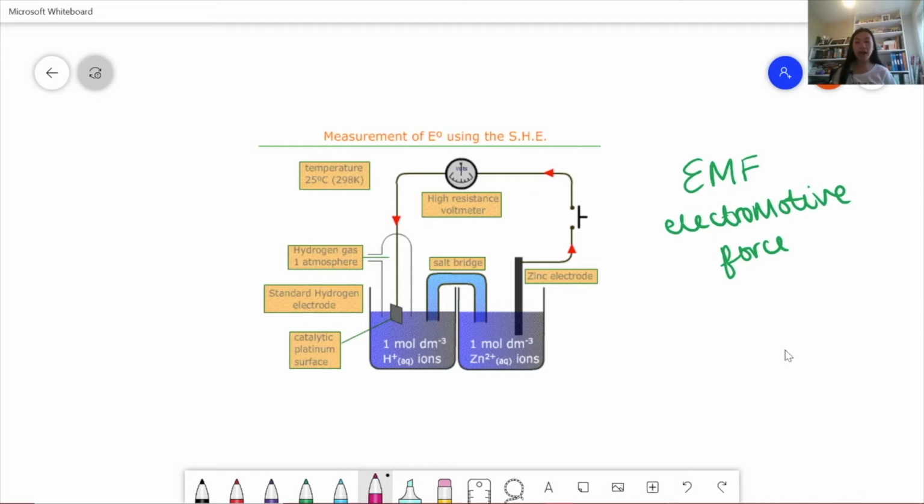And this means that compared to the standard hydrogen electrode, it forms the relatively negative electrode. So it provides the electrons. And it does this by this process of this equilibrium.